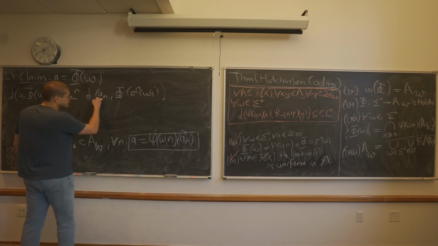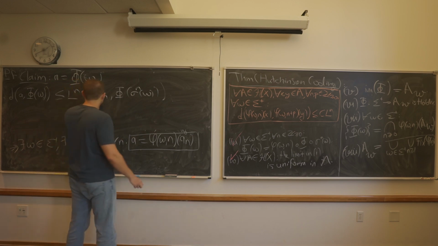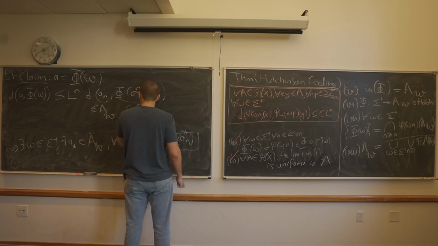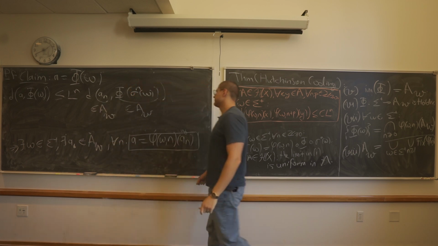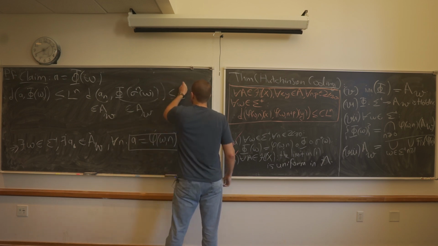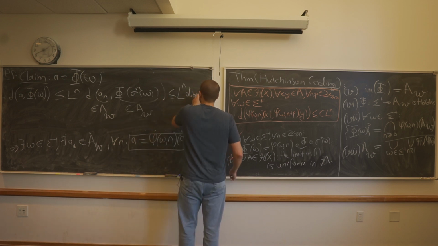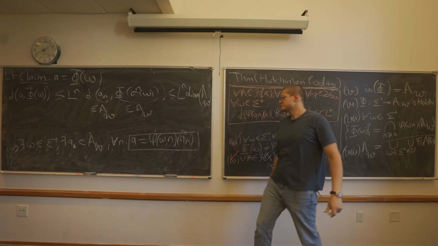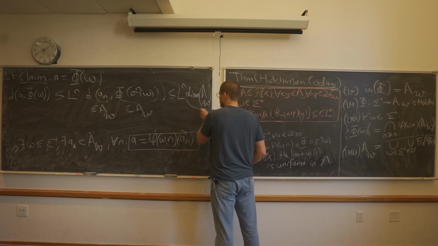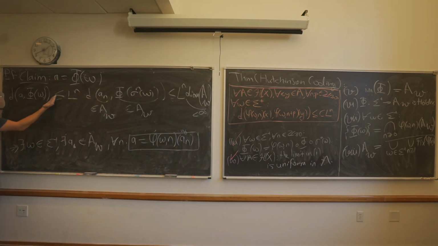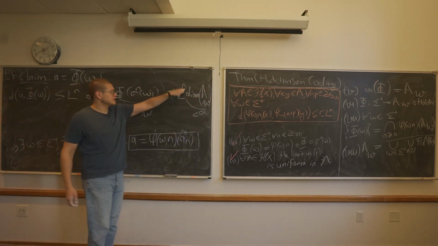Okay, so this is in the attractor. This also is in the attractor, which means that this is bounded by the diameter. Again, the attractor is compact, which means that this is a finite number. So you see, this is bounded by something that decays in n.